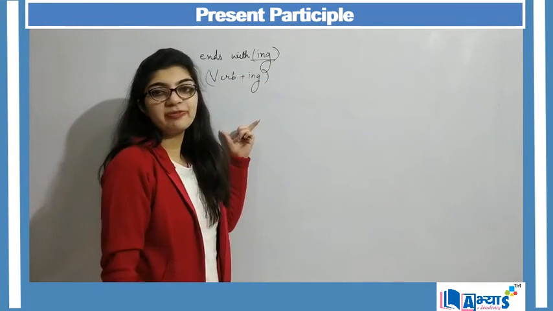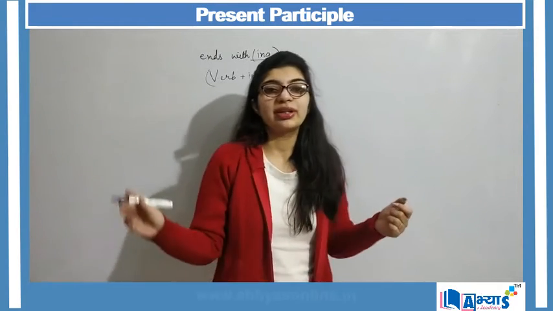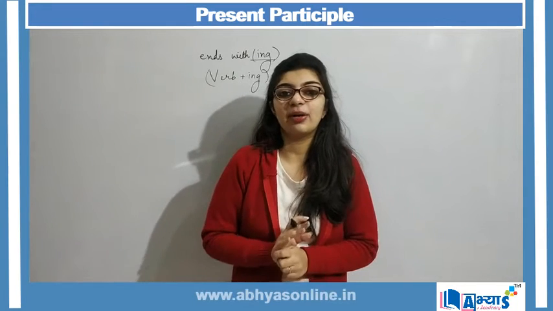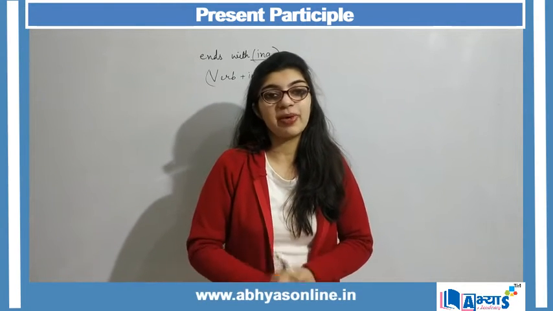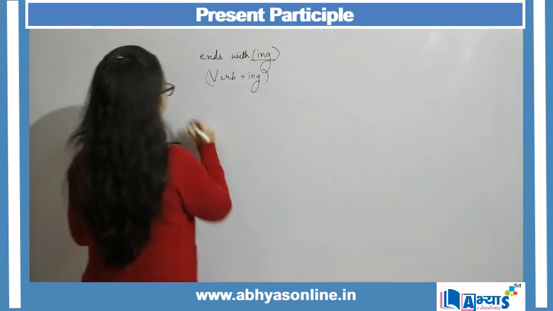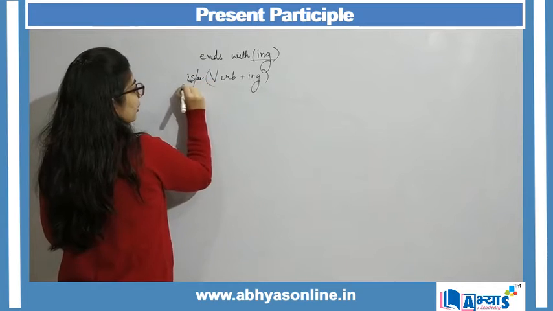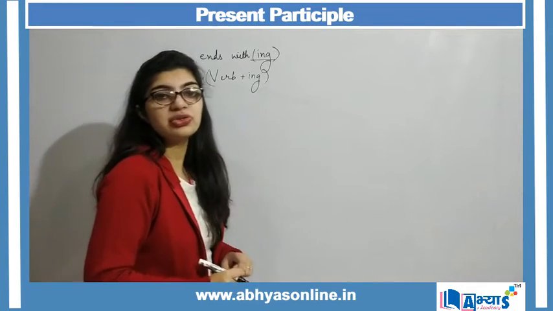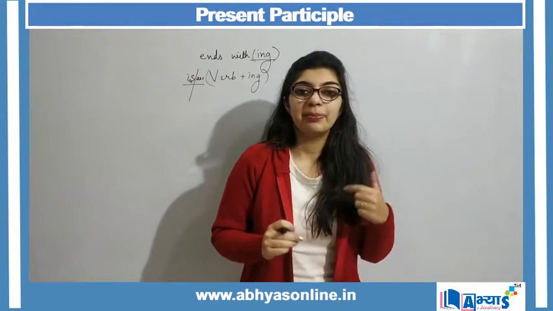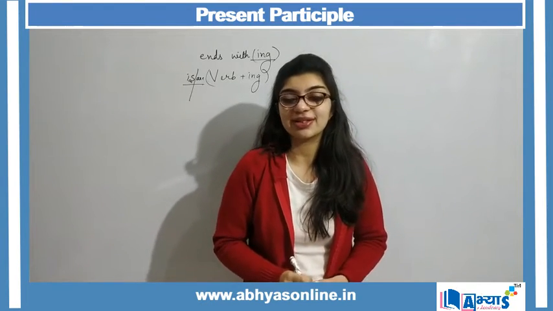So whenever we find such kind of word in a sentence, we know that this is of a present participle form. And also when it is or are, because is or are used to represent a present form of sentence or present form of tense.